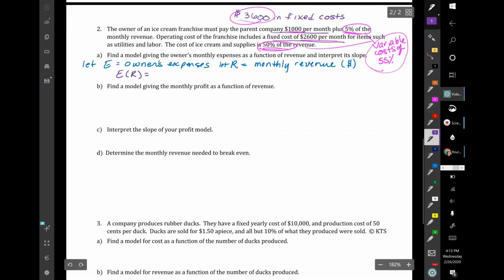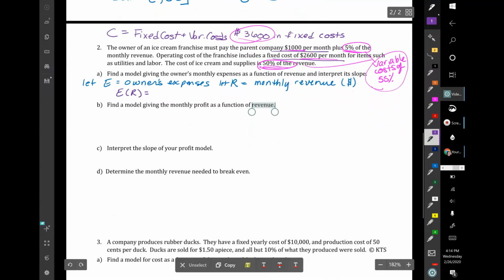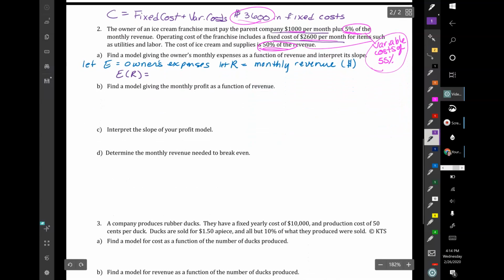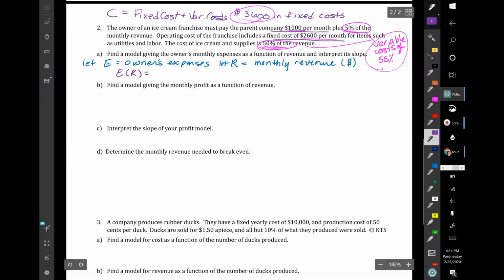Okay, so generally the total costs, remember, costs equals fixed costs plus variable costs. Talked about that a little bit. So we are going to write this equation. E of R is actually what that is. It's related to revenue. And we would have 0.55 R, or you could put your fixed cost first, it doesn't matter, plus 3,600.